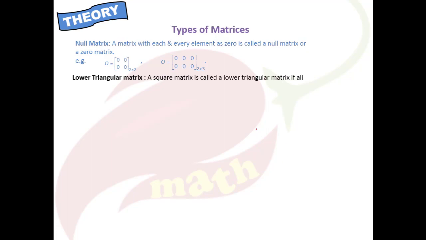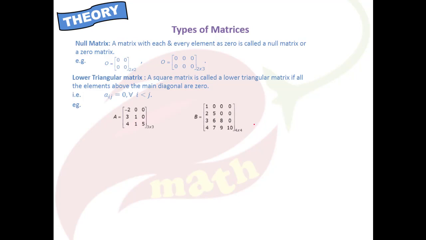Then we have the lower triangular matrix. A square matrix is called a lower triangular matrix if all the elements above the main diagonal are 0. We have understood what the diagonal elements are. Above the main diagonal, if elements are 0, we call it a lower triangular matrix.